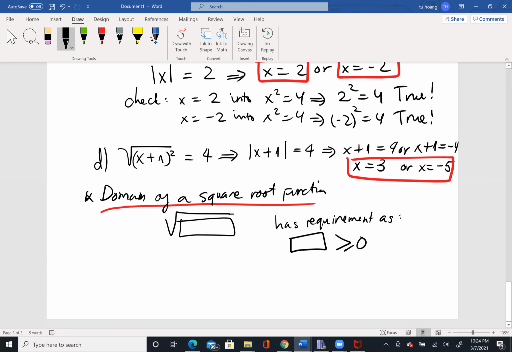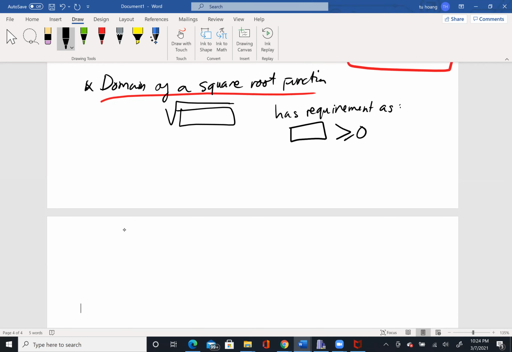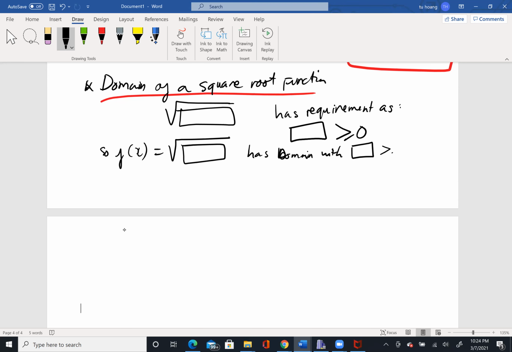So f of x equal to a function, a radical or square root of something, has a domain with the box greater than or equal to 0.